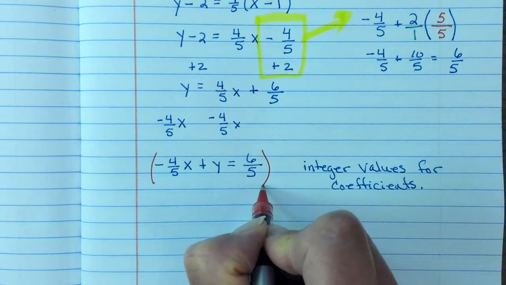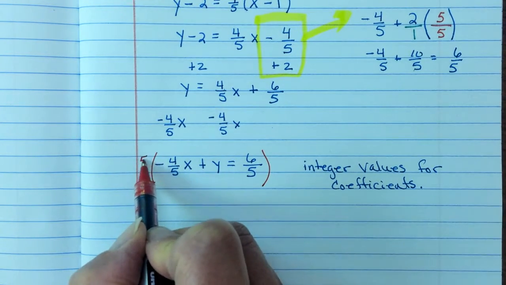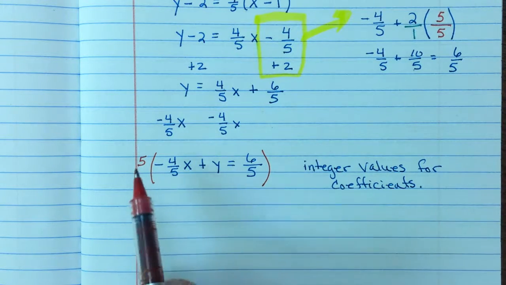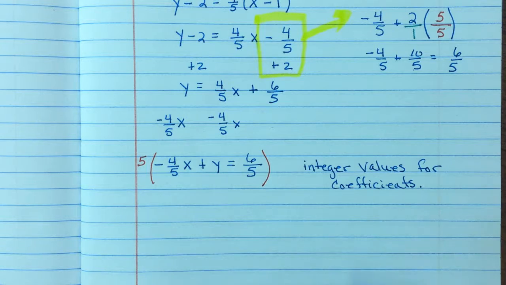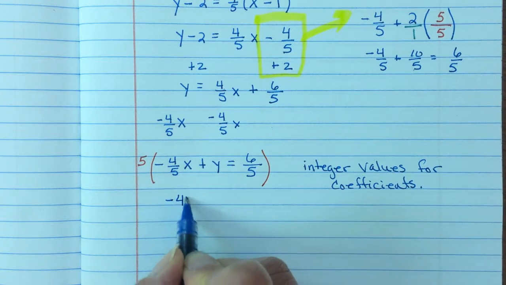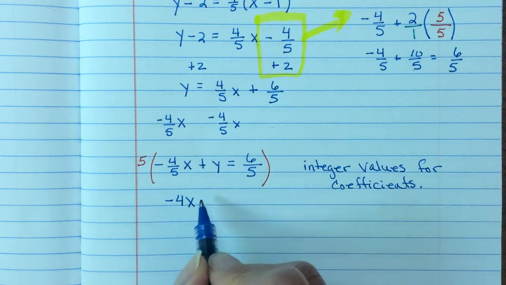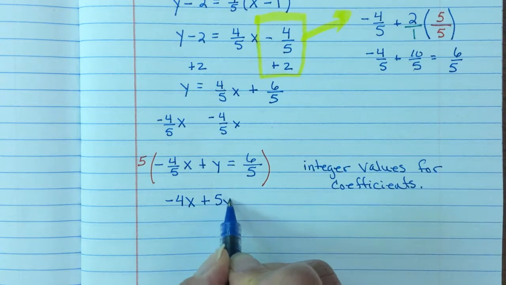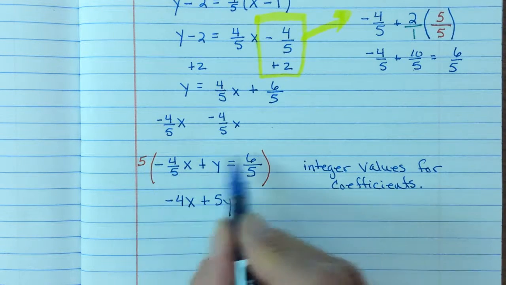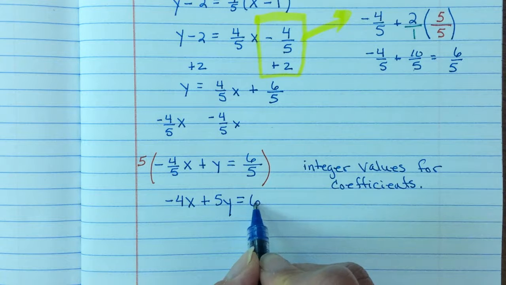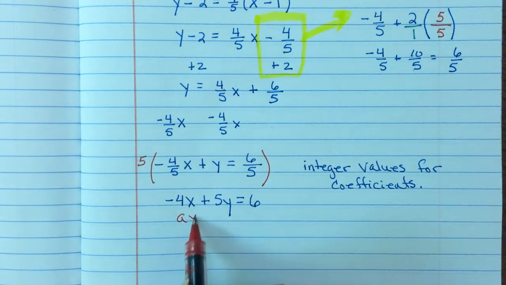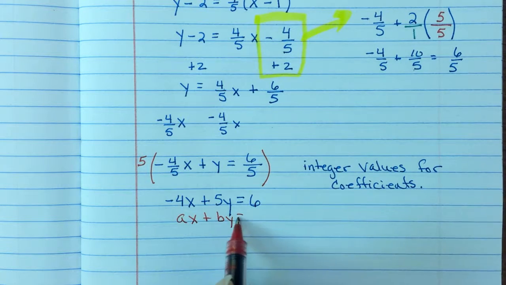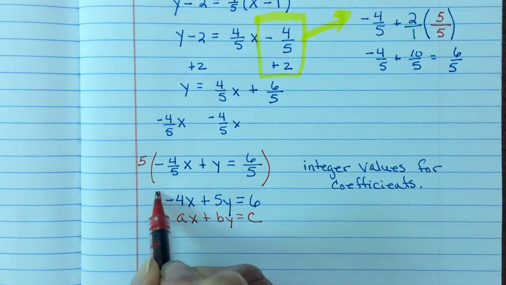So I'm going to multiply this whole thing by 5 in the numerator. So if I do 5 times negative 4/5 x, that gives me negative 4x. 5 times y gives me 5y. 5 times 6/5 gives me 6. So now I have a very nice answer in standard form.